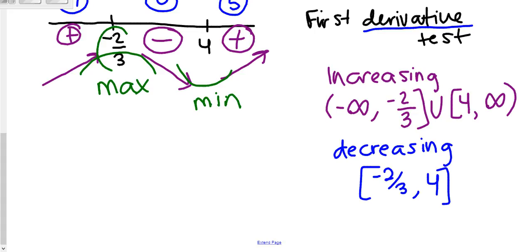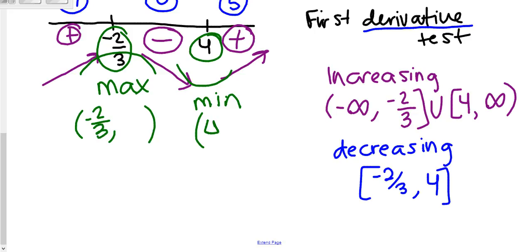We already know our x values of our maximums and minimums. The maximum, the x value is negative 2/3. And the minimum, the x value is 4. So we need to plug these in. If you do this without a calculator, you will have 4 cubed minus 5 times 4 squared minus 8 times 4.